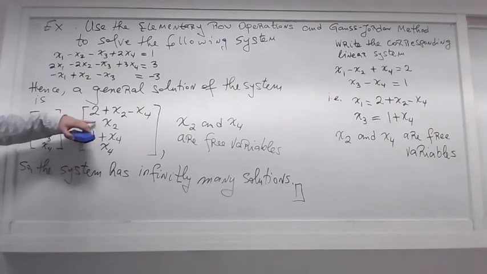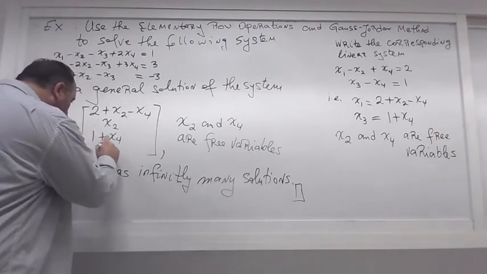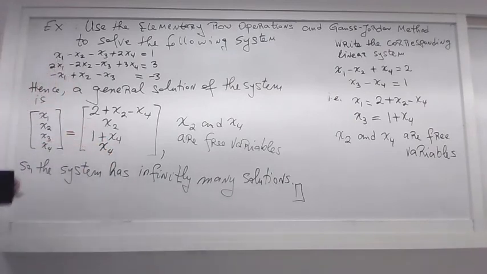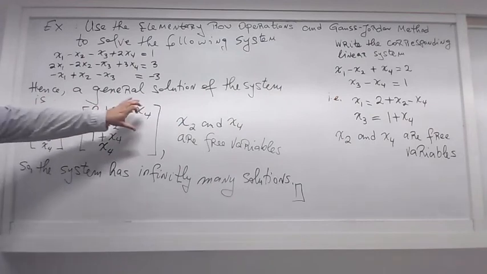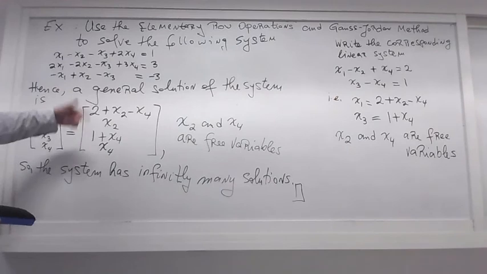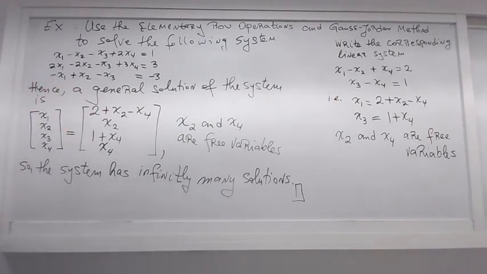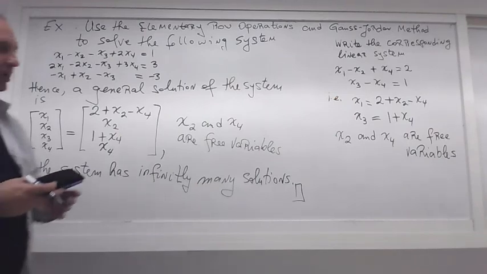Our free variables x2 and x4. Why is this ugly? Gorgeous. x2 and x4 are free, they stay as they are, and x1 and x3, they have expressions for themselves. So each time you pick different value for x2 and x4, x1 and x3 will change accordingly. All right, practice, practice, practice.